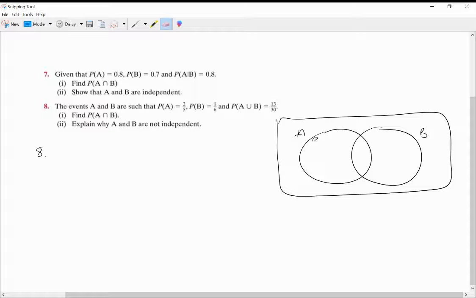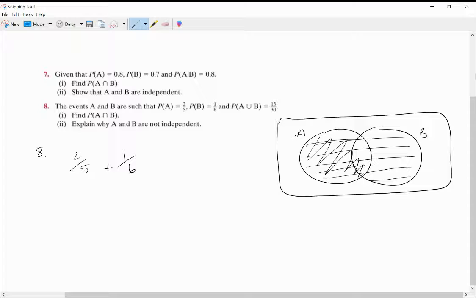Well, A union B is everything inside these two. So if we know that A on its own is 2/5, B on its own is 1/6, that would mean that we count this section here twice because that's common to both. So we actually need to take that away.